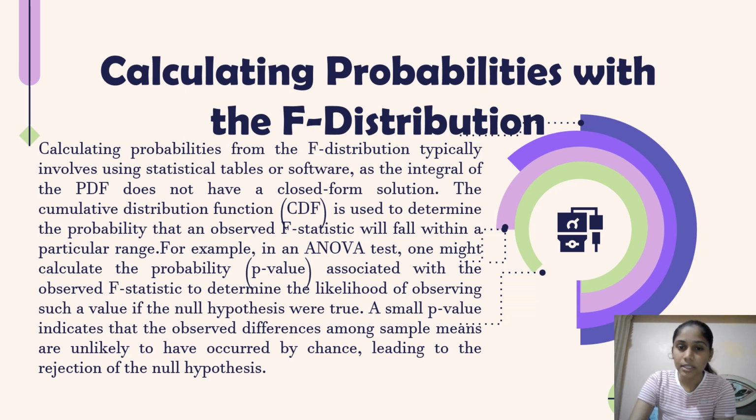For example, in an ANOVA test, one might calculate the p-value associated with the observed F statistic to determine the likelihood of observing such a value if the null hypothesis were true. A small p-value indicates that observed differences among sample means are unlikely to have occurred by chance, leading to the rejection of null hypothesis.